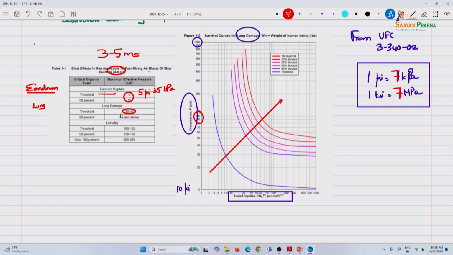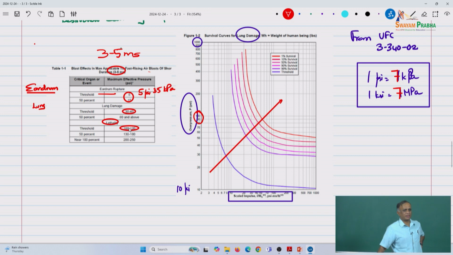So, this is 30 to 40 psi, and this is the lethal force threshold, that is a really high pressure. When you start looking at 100 psi, to generate that kind of pressure with explosives takes a lot, it depends on the standoff distance.